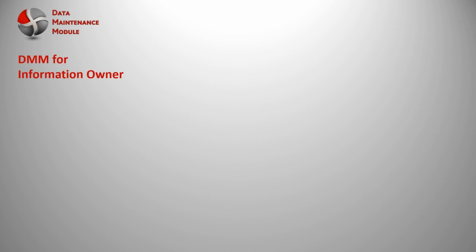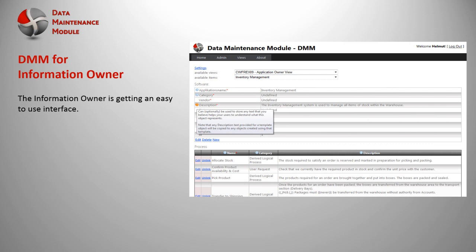Now, how can we do this? First of all, the view from the information owner's point of view. As I mentioned before, the information owner gets an easy to use interface. You see it on the right hand side. That's one single page that the user gets immediately after login.